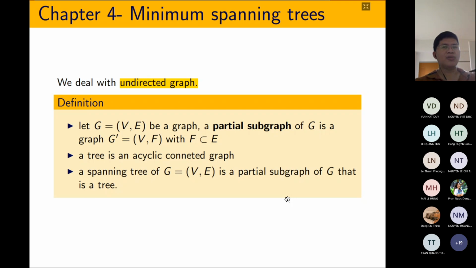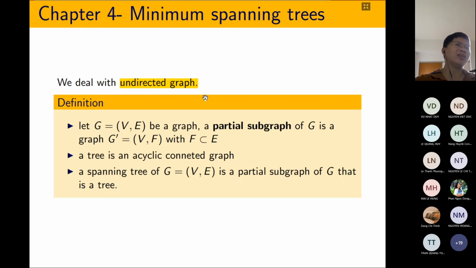And now we want to find the best way to connect or to lay out the wire in that lab. Okay, so we have a graph, but we have another notion. We have the weight, like the distance between two nodes, two computers in a lab.